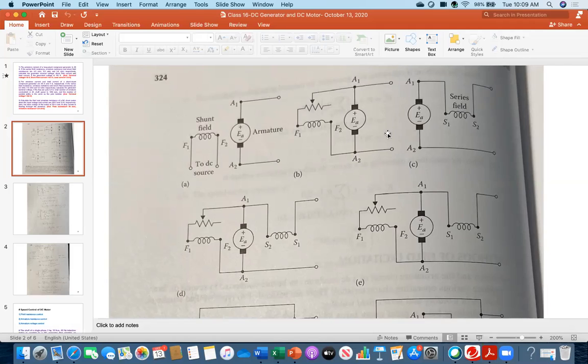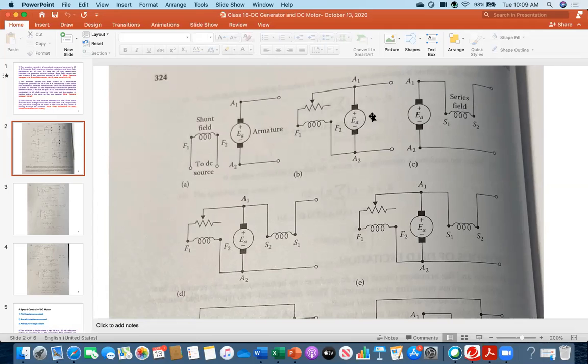So your VT terminal voltage will be on the rightmost side between those two circled points. That is your VT, applied voltage, terminal voltage. And then the input current will be towards the direction of the armature. And then armature current, of course, here. And EA, if it is a motor, then EA will be back EMF.